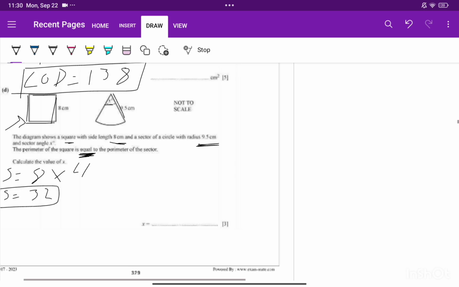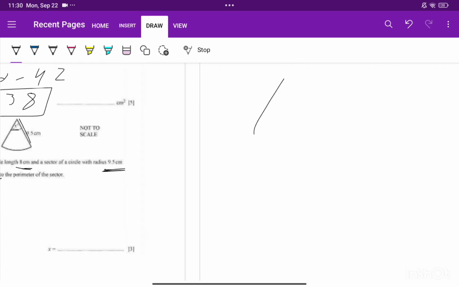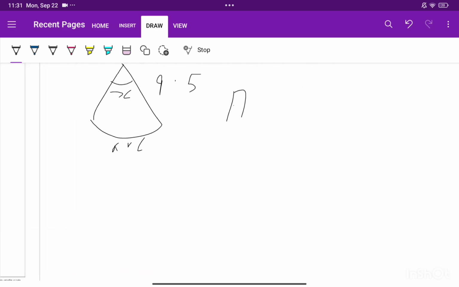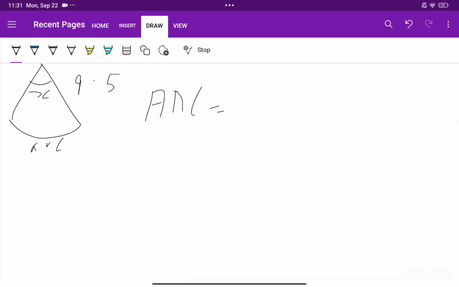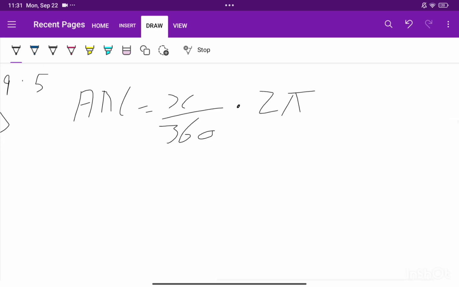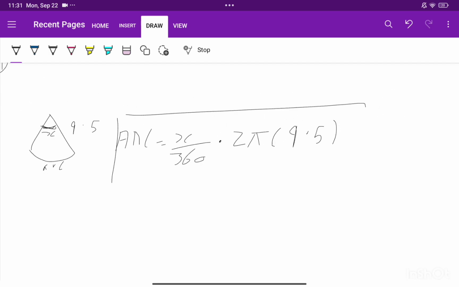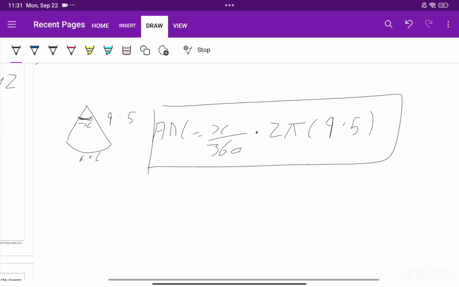Now we have to find perimeter of the sector. So I should do it separately over here so you guys can understand clearly. X, 9.5. So this is our arc length. So arc formula is x upon 360 multiplied by 2 pi radius, radius is 9.5. Now we have to find perimeter of the sector.